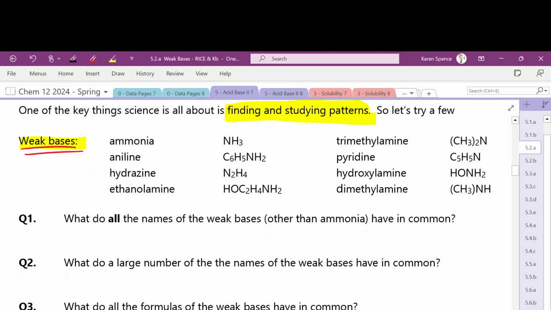And then you're going to answer question 1. What do all the names, other than ammonia, have in common? What do a large number of the names have in common? And what do all the formulas have in common? So take a look at those and see if you can see any patterns.